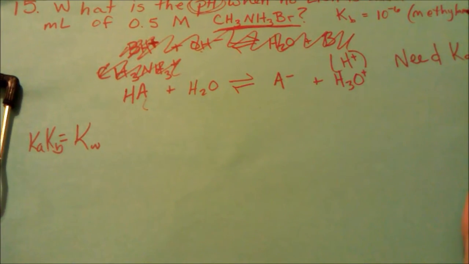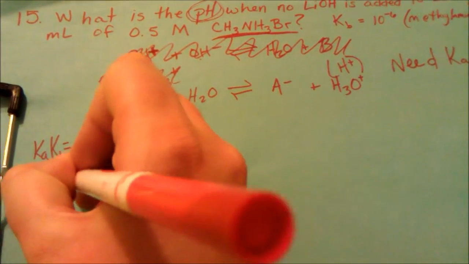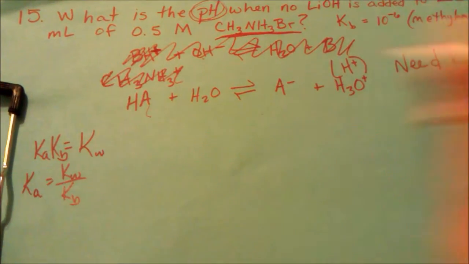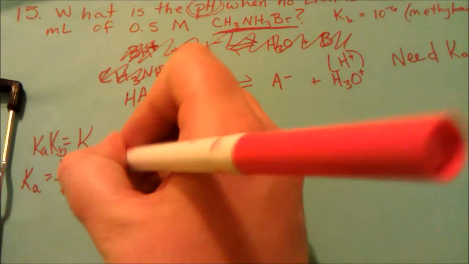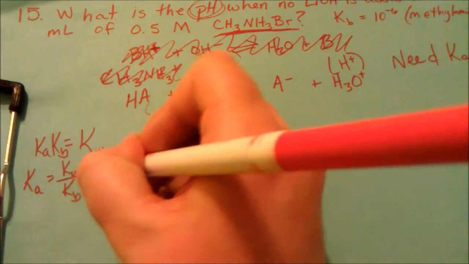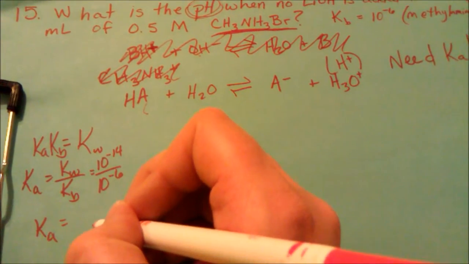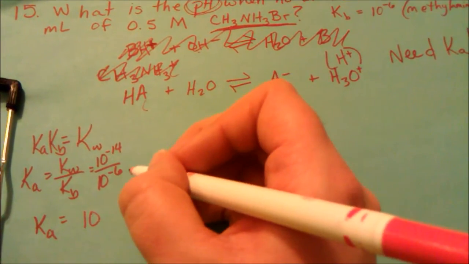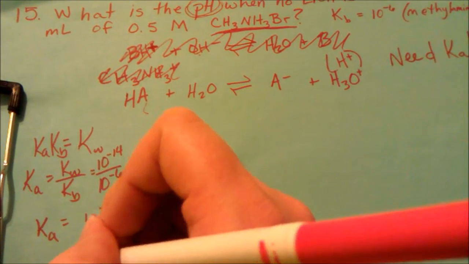And if Kw is equal to Ka times Kb, that means that Ka equals Kw over Kb. I know that Kw is always equal to 10 to the negative 14. The Kb that I was given was 10 to the negative 6, which means that my Ka is equal to 10 to the negative 8.